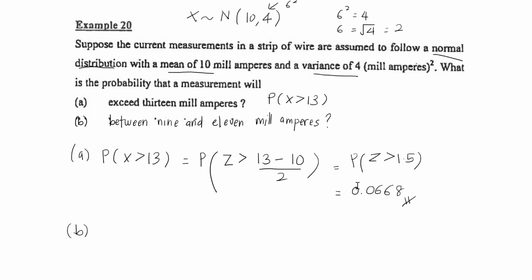Now we look at question B. What is the probability that the measurement will be between 9 and 11? That means X is between 9 and 11, so you must standardize the normal distribution.